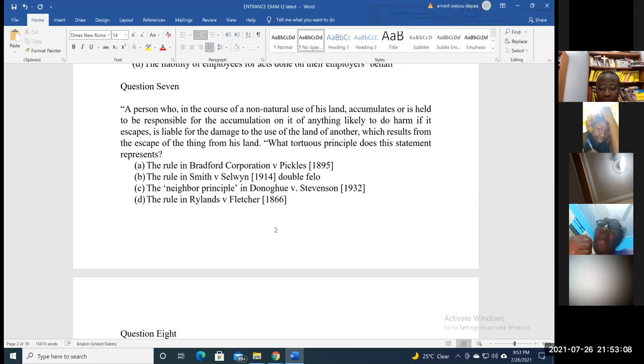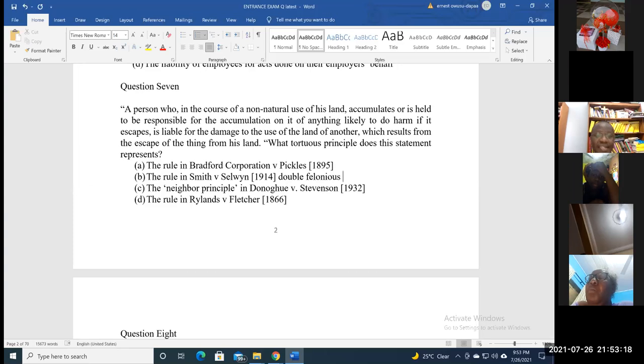The double felonious principle simply means that where a tort has been committed and it is also a crime, originally, if the tort is also a felony, that is a crime, then you need to prosecute the crime first before you pursue the tortious aspect of that same incident. So that's what we call the double felonious principle.